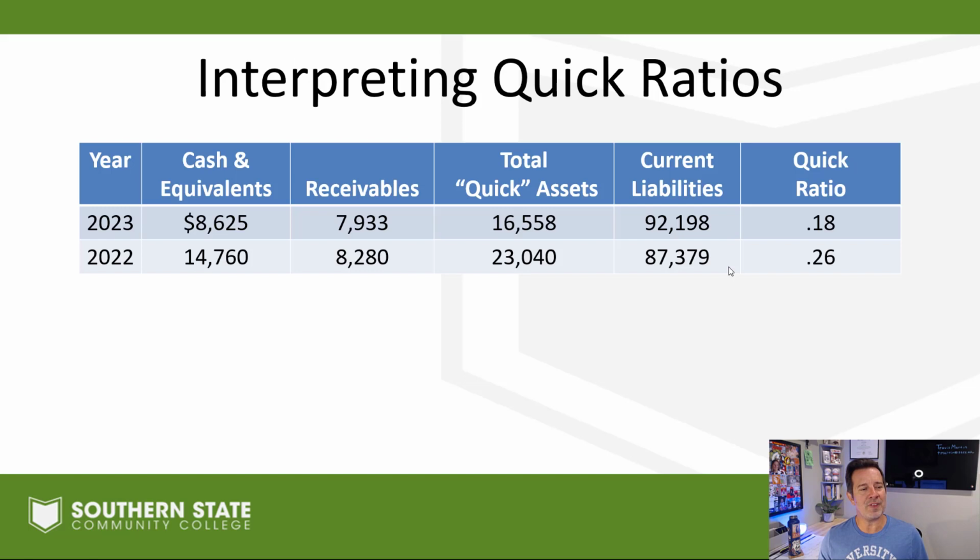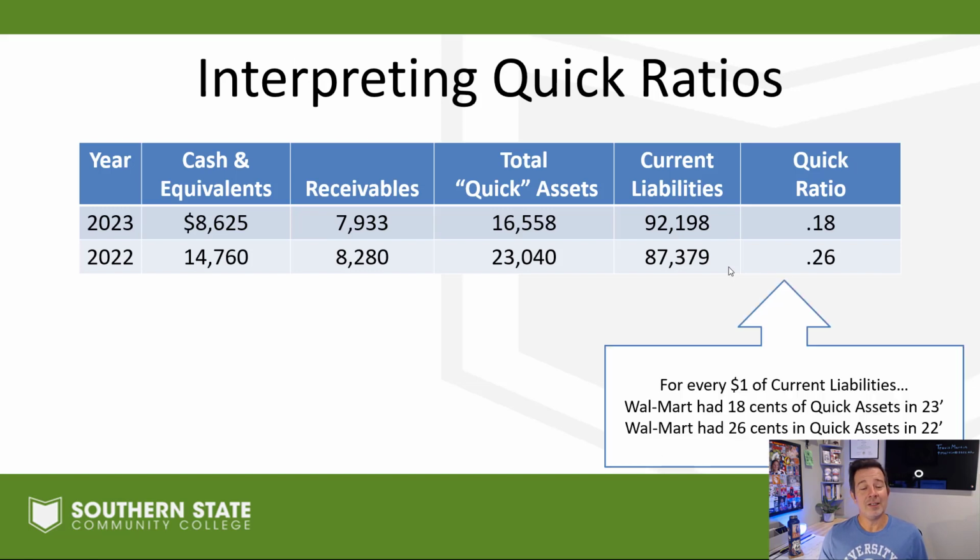How do we interpret that? Well, again, for every $1 in current liabilities, Walmart has 18 cents of quick assets in 2023 and 26 cents of quick assets in 2022. A little deterioration in their liquidity there from 2022 to 2023.